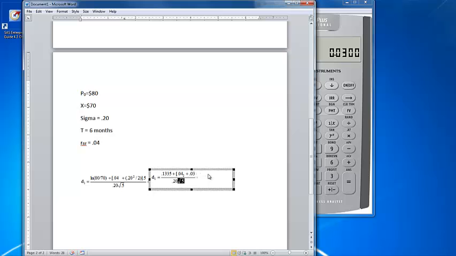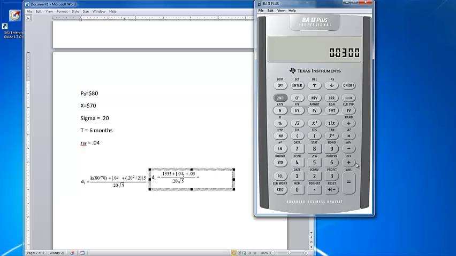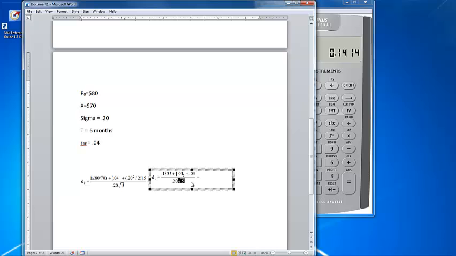And then on the bottom we'll take the square root of 0.5 multiplied by 0.2, which gives us an answer of 0.1414.